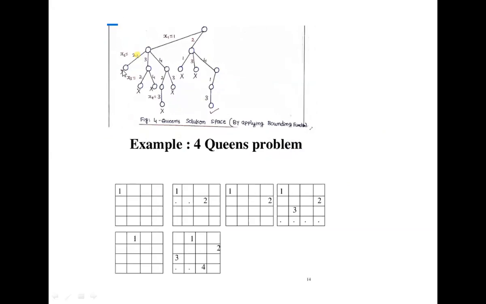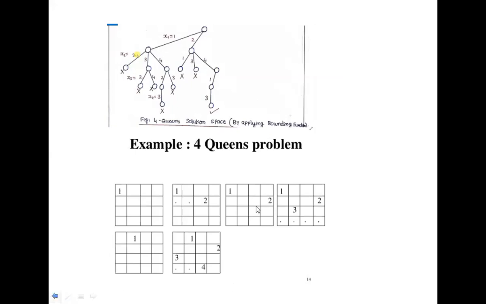So here the cross mark represents the bounding function, because it kills the live nodes, since it is not satisfying our implicit constraint, that is, no two queens are placed in the same row, same column or diagonal. So this one is violated, and that's why I give a cross mark here.